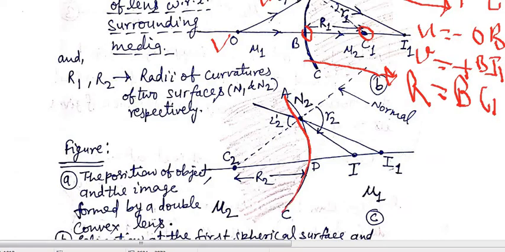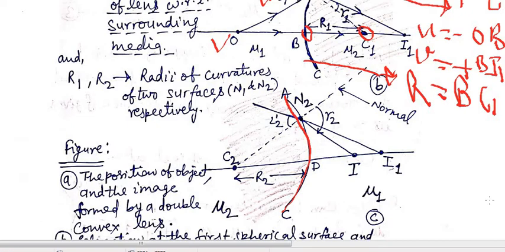if we consider this surface, then here I1 is the virtual object which will produce the real image I. So here I is the real image for the virtual object I1. In this case, refraction occurs from mu2 to mu1.